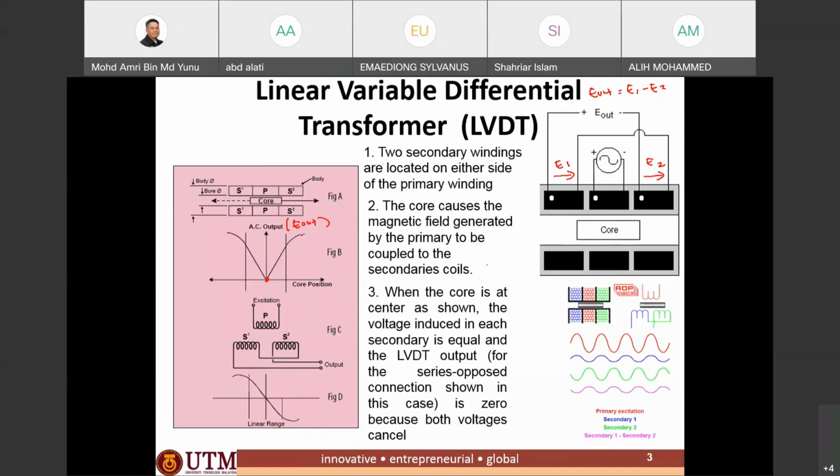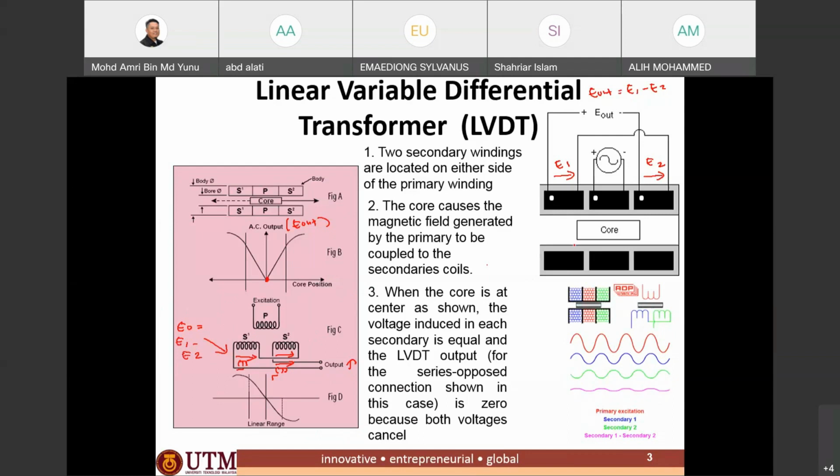So we have E1 here, which is measured, and E2. Basically, the output E out is equivalent to E1 minus E2.